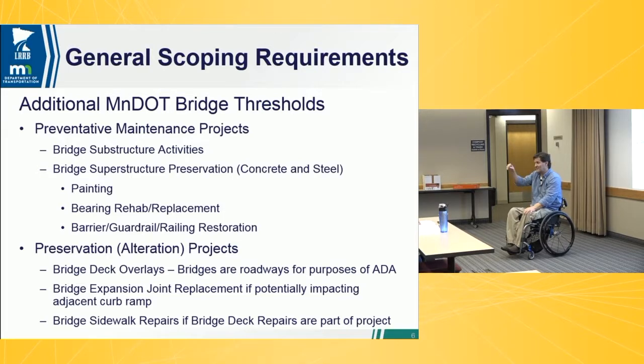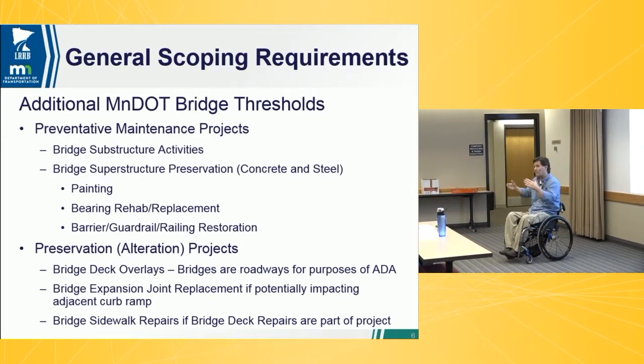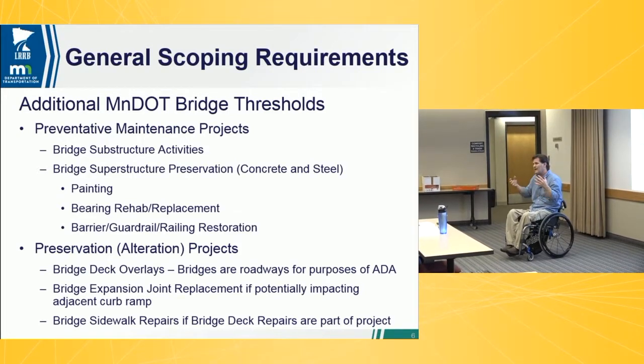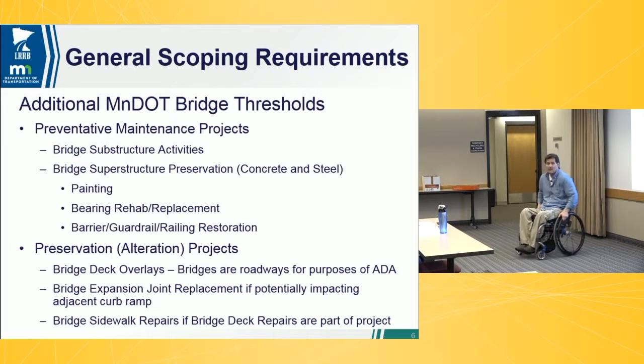You don't fix it and then later do a curb ramp and rip back into that $100,000 expansion joint. Do it all at one time. So we're talking about making the scopes of your projects align so you don't have to do rework. That is one where we did go above the minimums.